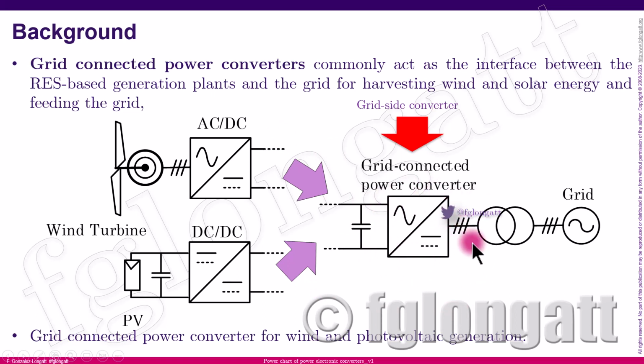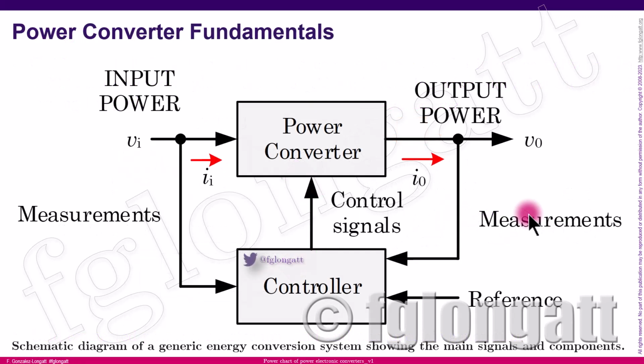It's basically the power electronic converter that is taking the energy from the wind turbine, from the PV, from the battery energy storage, and delivering it into the classical AC power source. And for all the converters, in a general sense, you can imagine here a schematic diagram of a generic energy conversion system, where we have the most important part, the power part, and this is the power converter.